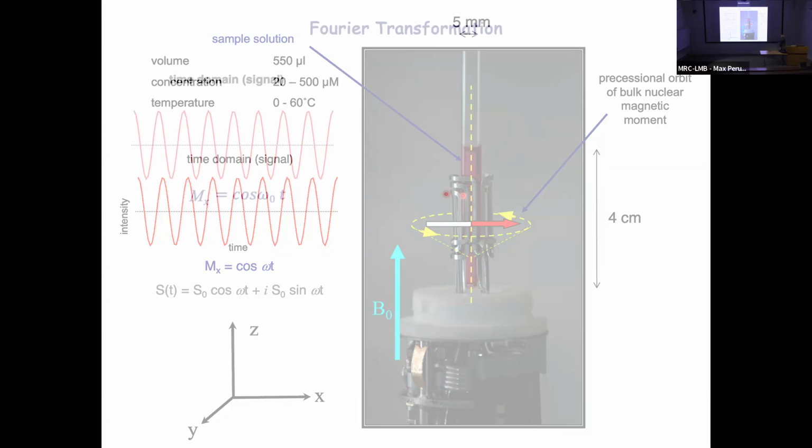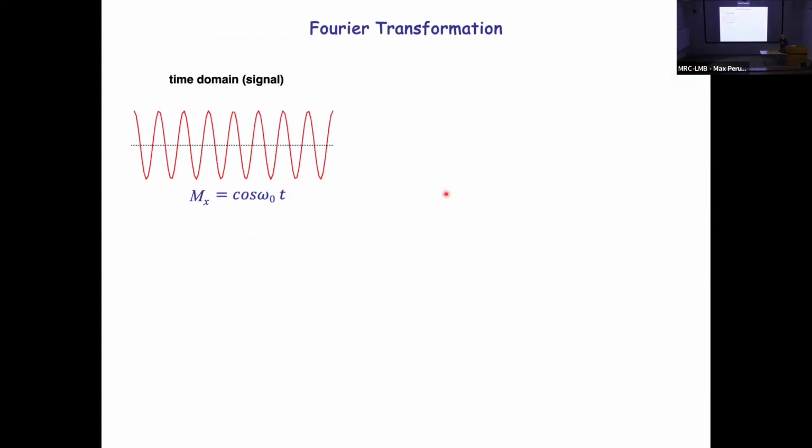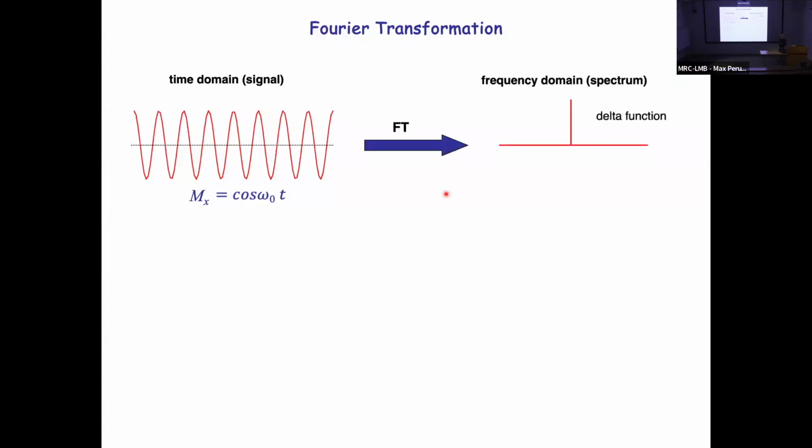By running through a process that is not complicated, but takes too long to explain from first principles, a really very straightforward process of Fourier transformation, we can convert this time domain signal into a frequency domain where we extract the frequency components. Now, if we had an infinitely long cosine wave like that, and we apply a Fourier transform, what we get is a delta function.